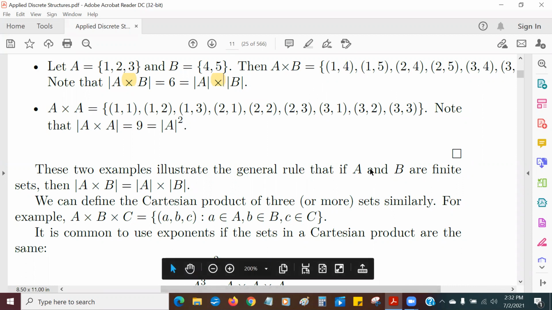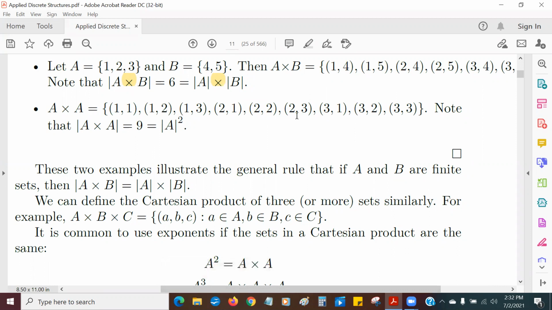Okay. So now A cross A is (1,1), (1,2), (1,3), (2,1), (2,2), (2,3), (3,1), (3,2), (3,3), and that, if you notice, is 9, which again is the cardinality of A times the cardinality of A. So it's funny, even though this is not a multiplication symbol, it kind of is related to the multiplication symbol, in the sense that the cardinality winds up being the product of the individual cardinalities.